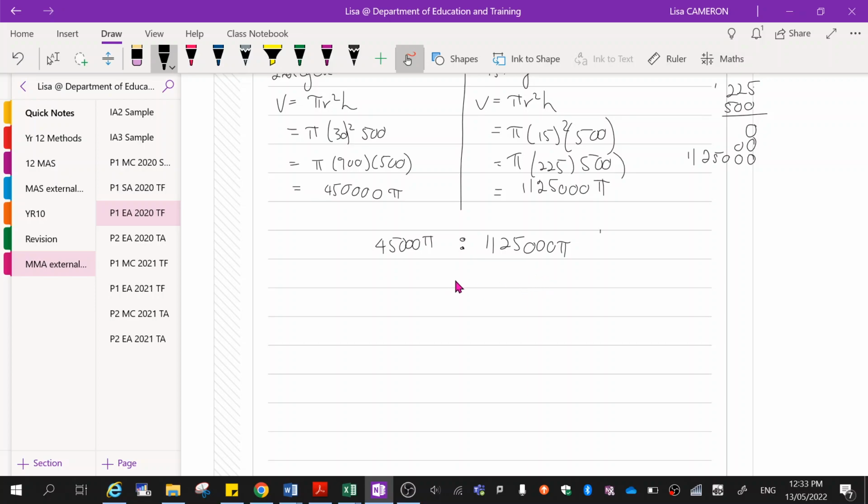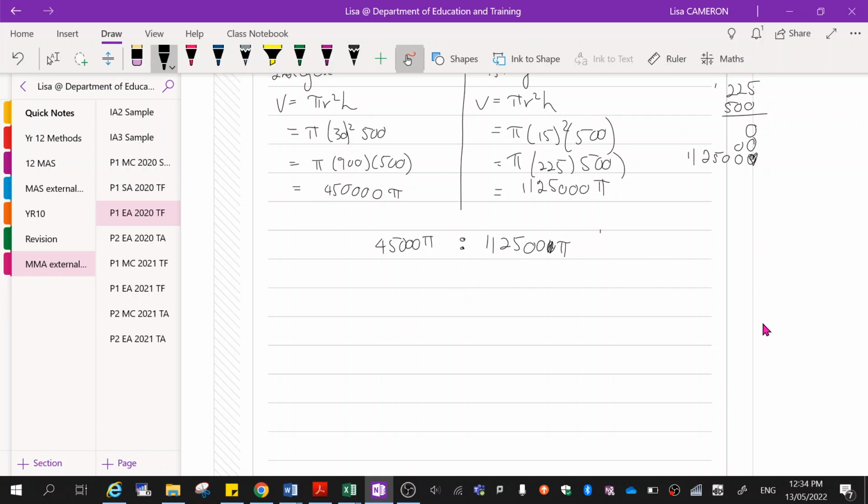Looking at that, I think I've got too many zeros. Let's double check again. This one times that one is all zeroed out, the next one starts with that, it gets zeroed out. The next one, yeah, I've got one too many zeros there. Let me double check on my classic Casio: 225 times 500. Yep, that's better.